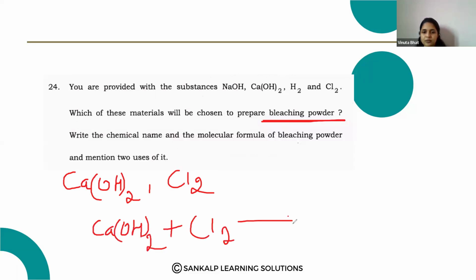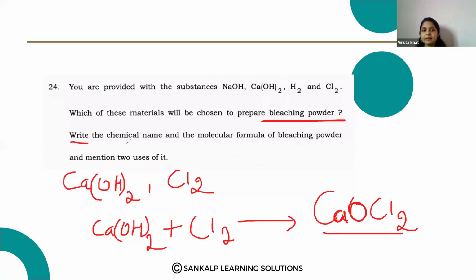Chlorine is passed through this, and we get CaOCl2. That is calcium oxychloride. Okay.